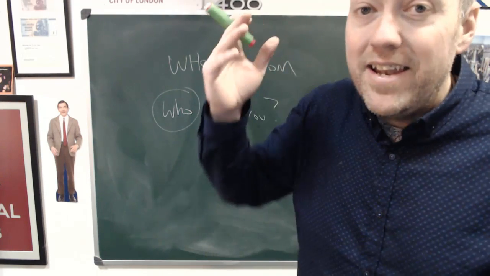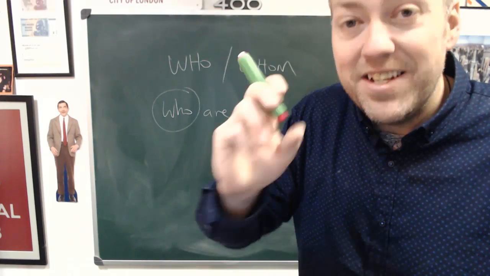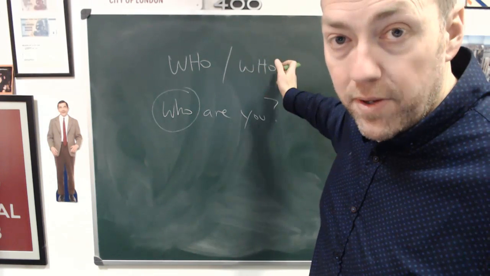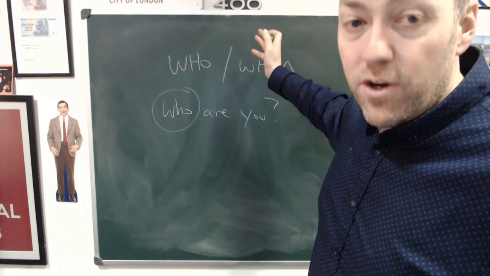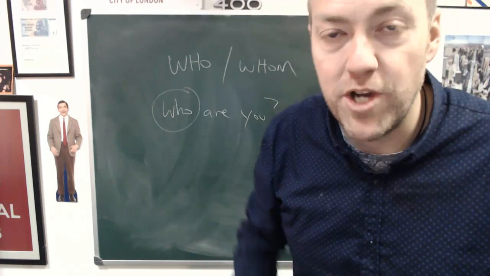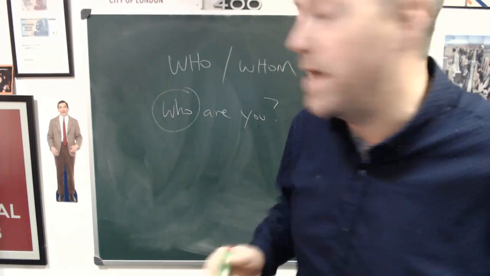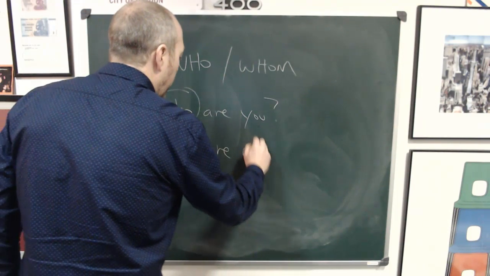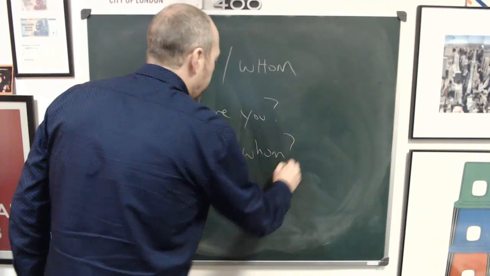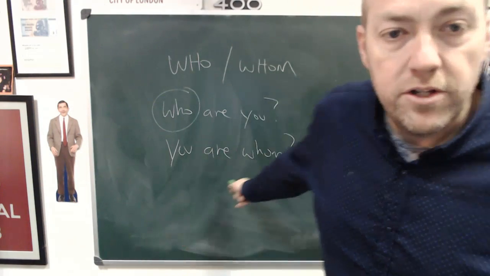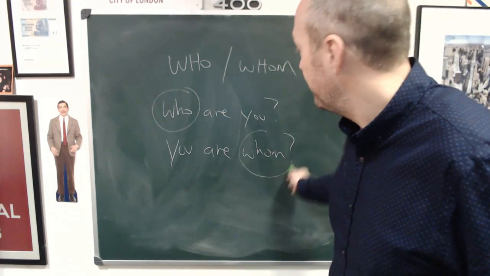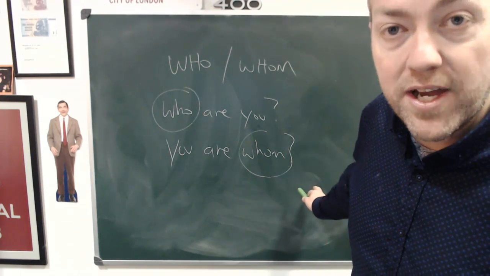Now, technically, we should use whom if the who is the object of the sentence. So you can see here that you are whom, because whom is the object of the sentence.